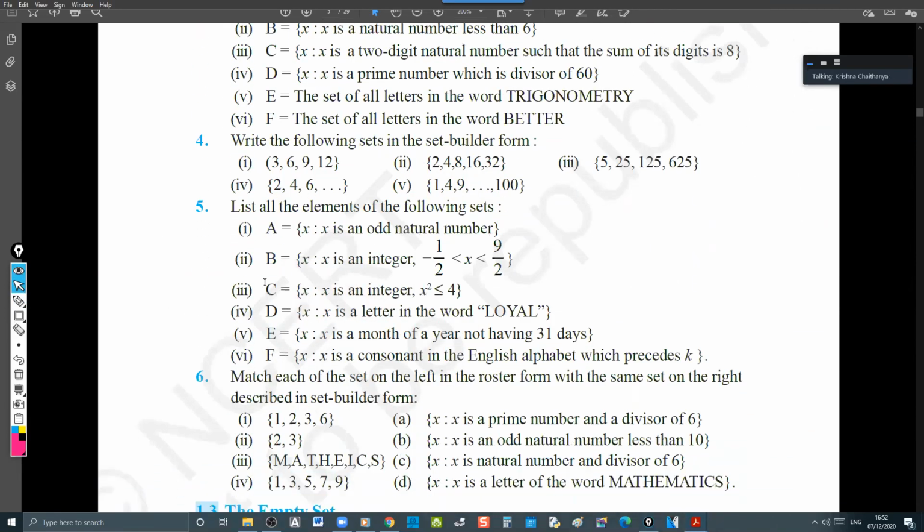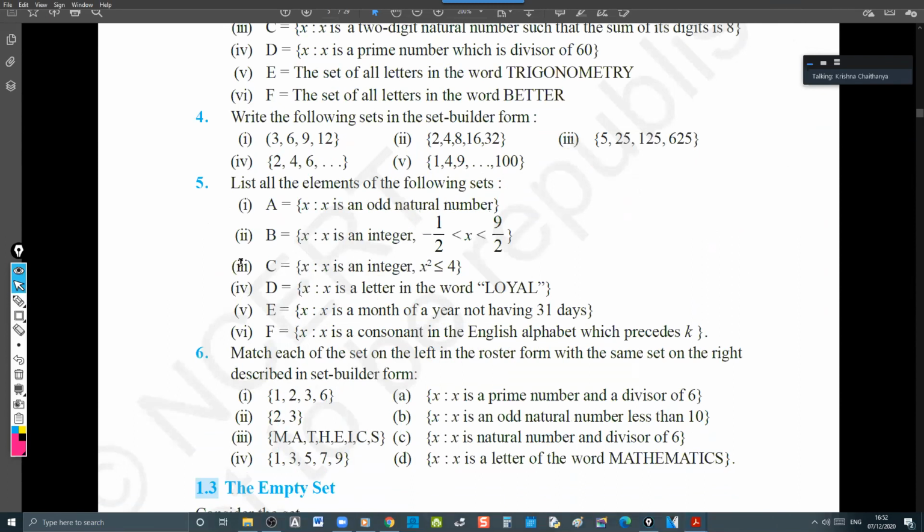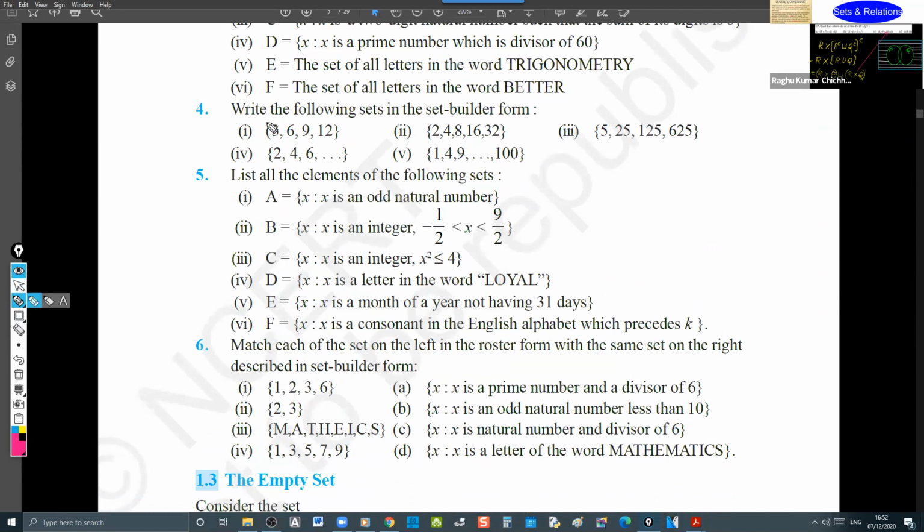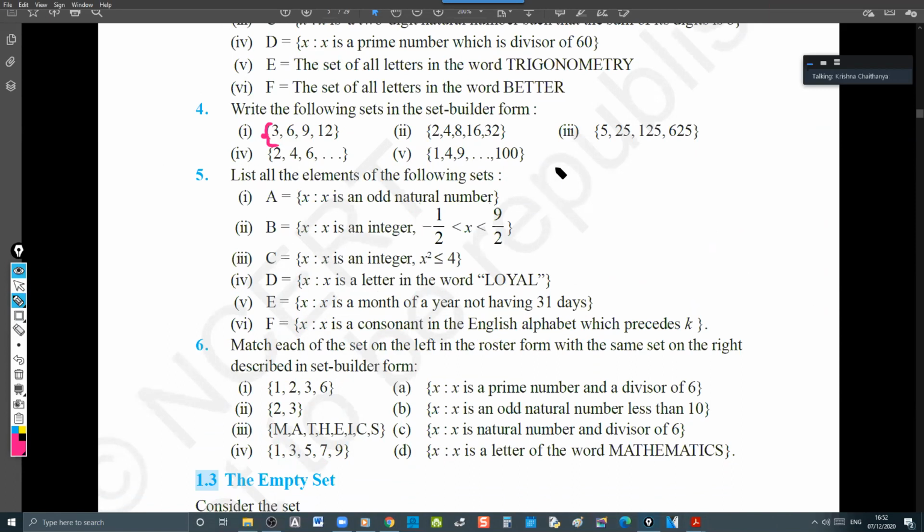Write the following sets in the set builder form. There are two different kinds of brackets. The first set is x such that x is one of the first four multiples of 3.